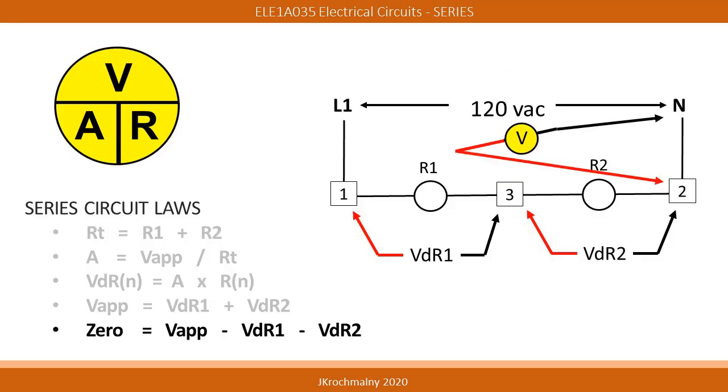Notice that in this slide, the multimeter is measuring the voltage between terminals 2 and N. This measured voltage will be the voltage existing at terminal 2, or the applied voltage minus the first voltage drop across the first load, and then the second voltage drop across the second load. This measurement will read 0 voltage difference between these 2 points of terminal 2 and N.